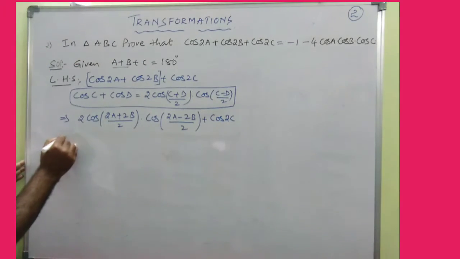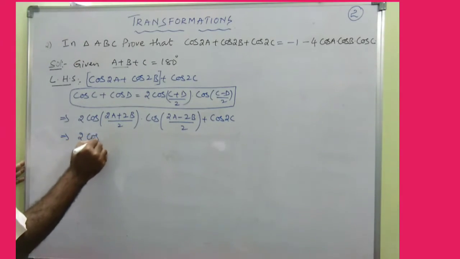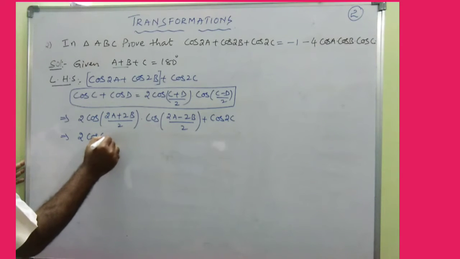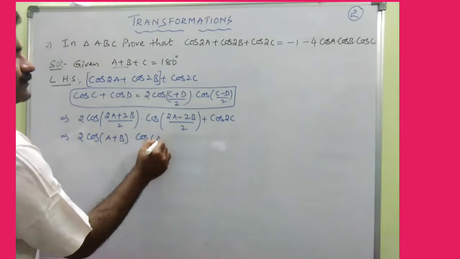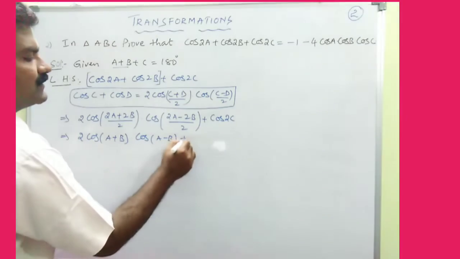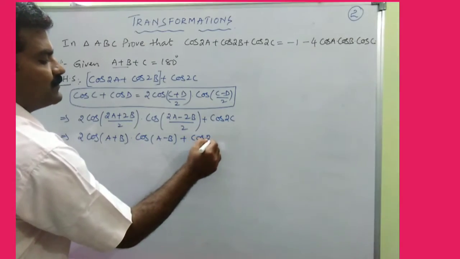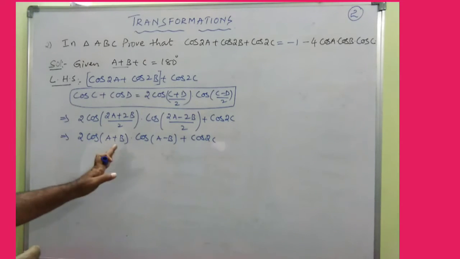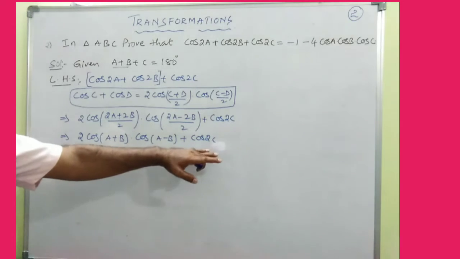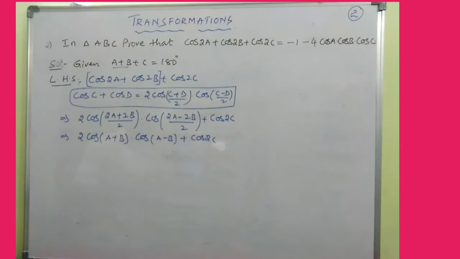Okay, and you know this is equal to 2 into cos of, anyhow 2 gets cancelled, then which is A plus B, into cos of A minus B. Just wait for cos 2C, because cos 2C can be expressed in many ways, isn't it? Whereas the sin 2A formula is only one, that's why earlier we wrote it directly. Now depending on the situation, we will take the suitable formula of cos 2 theta.